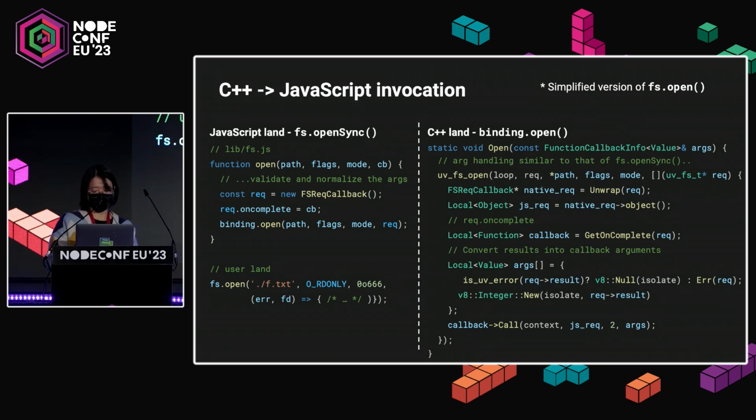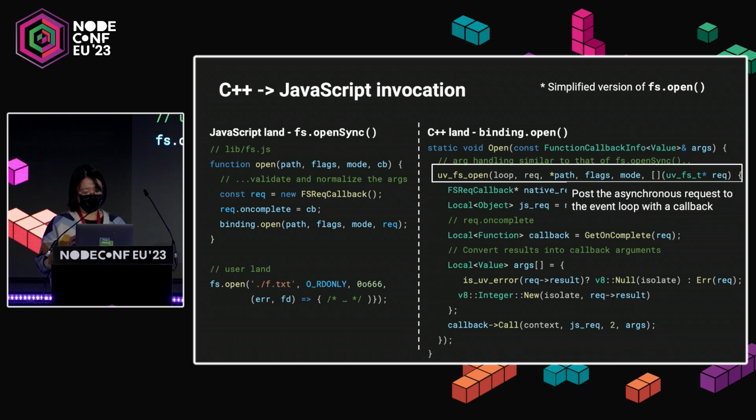So that was the synchronous APIs, which normally involves just calls from JavaScript to C++. Now let's look at how asynchronous API works, and this usually involves calling back to JavaScript from C++. Here we have the fs open method, which is asynchronous. The routines are very similar to that of the synchronous version, just that in the JavaScript land, Node creates an additional object to hold on to the user-provided callback.